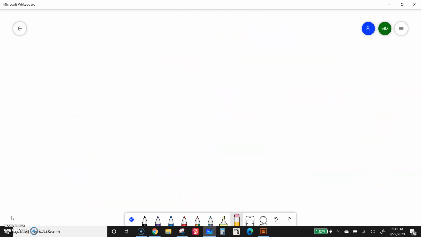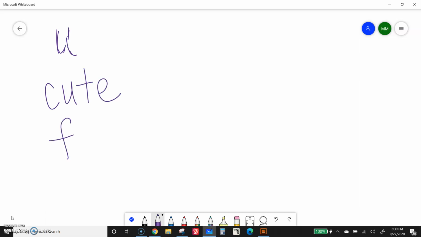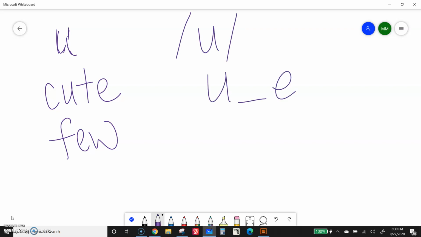And last but not least, we have the U. Words like cute or few. I'll say that U sound, it's saying its name. So we get that U blank E, just like I showed there with cute. The E made it say its name.